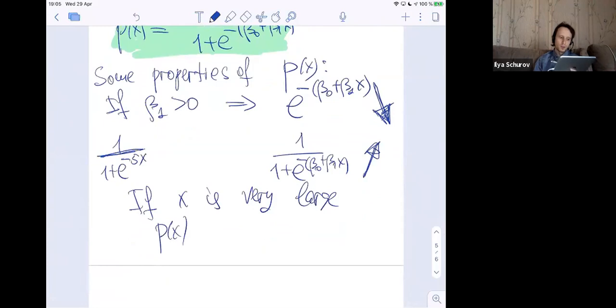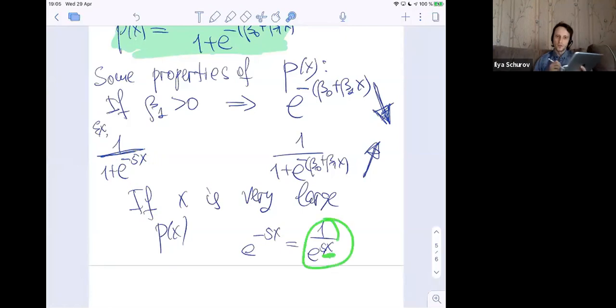Let us consider this function. If x is very large, then 5x is also large. How large? If x is very large, then what can I say about this value, e to the power minus 5x? Actually, e to the power minus 5x is like 1 over e to the power 5x. So if x is large, what can I say about this thing?